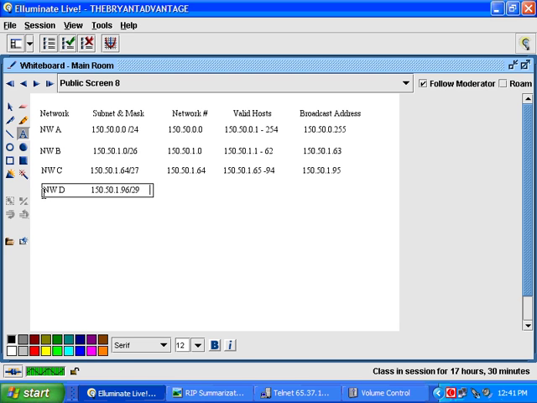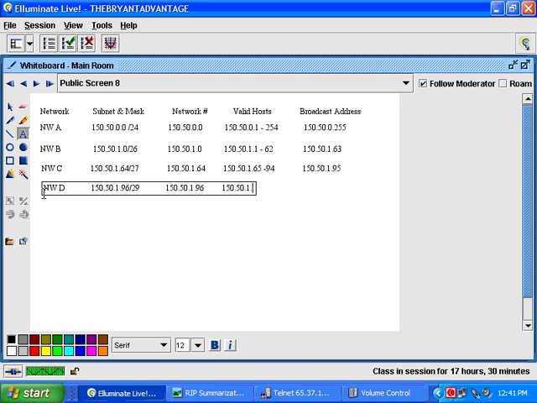And you can see now we're configuring real variable length subnet masking. And the network address itself will be 96. The valid hosts will be 97 through 102, because our broadcast address is 103.